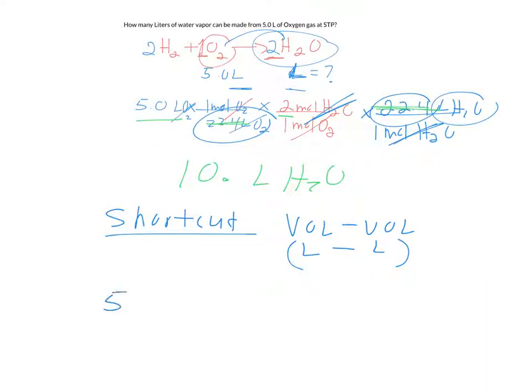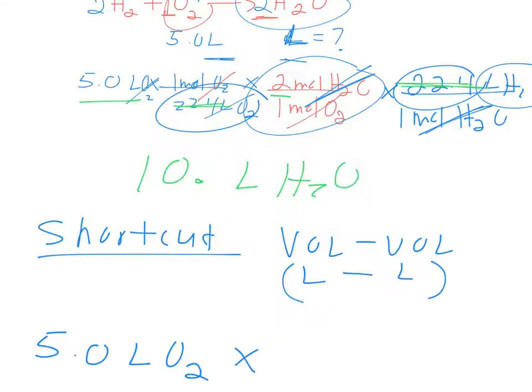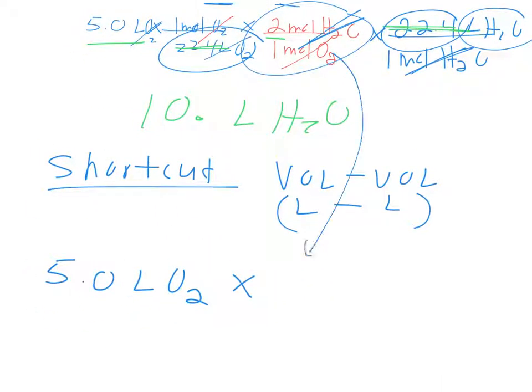When you notice that it's a liter problem, you start off with your given 5 liters of oxygen, and the key here is to remember that in a volume problem, the molar ratio, which is 2 to 1, 2 moles to 1 mole, becomes the volume ratio, which is 2 liters to 1 liter of oxygen.